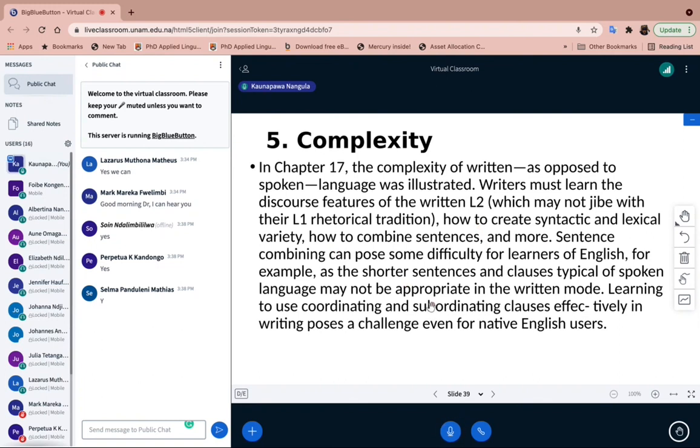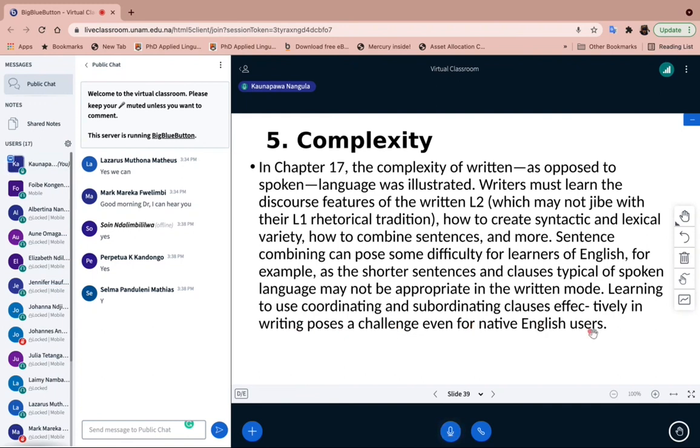Combining sentences can pose some difficulty for learners of English. For example, the shorter sentences and clauses typical of spoken language may not be appropriate in written language, as I've just mentioned. And learning to use coordination and subordination clauses effectively in writing also poses challenges even for native speakers of English.